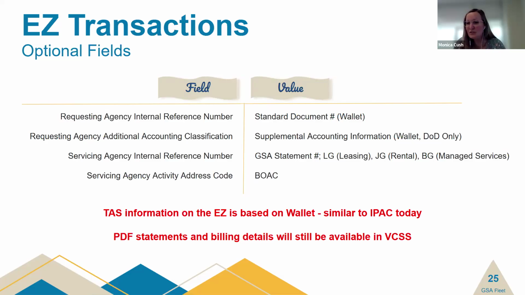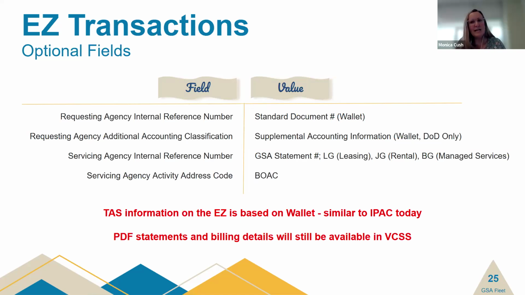And then we also included two additional fields. The servicing agency internal reference number on your Easy record will always be the GSA statement number. If it says LG, that means it's a leasing G-Invoicing record or billing. If it's a JG, it's a G-Invoicing rental record. And BG is G-Invoicing managed services.